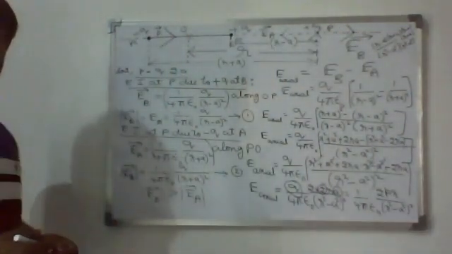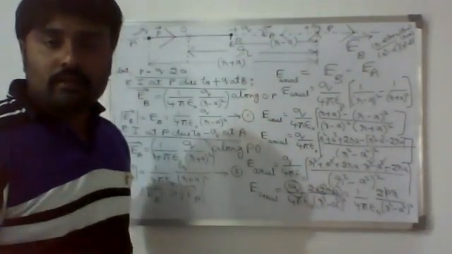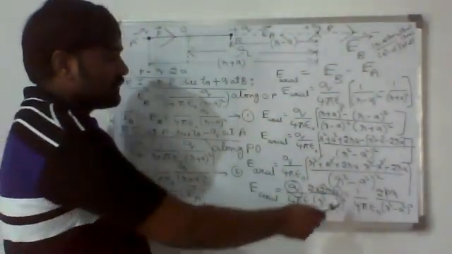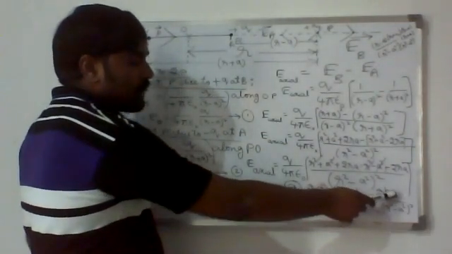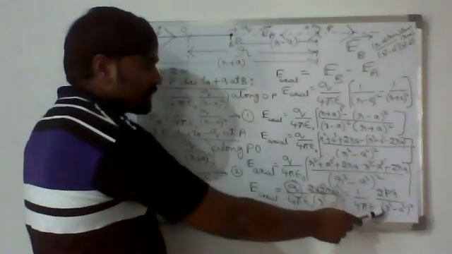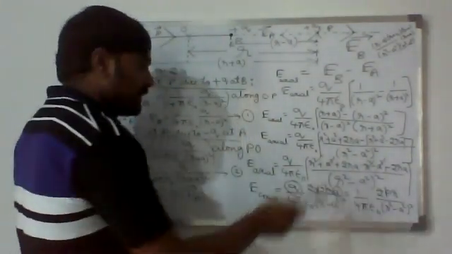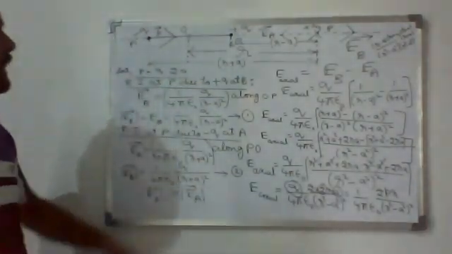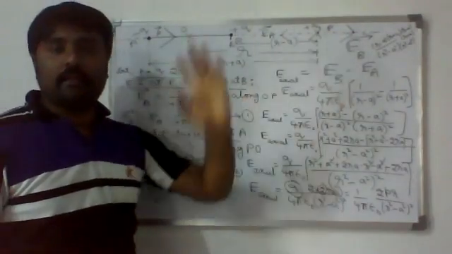So that is the expression for electric intensity at a point on the axial line. That is electric intensity at a point on axial line.